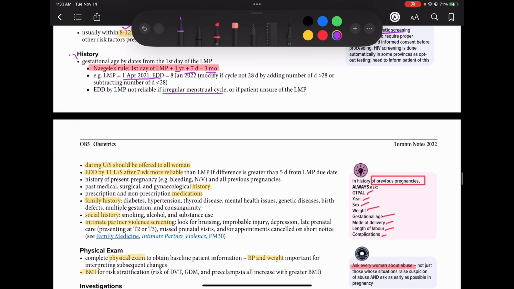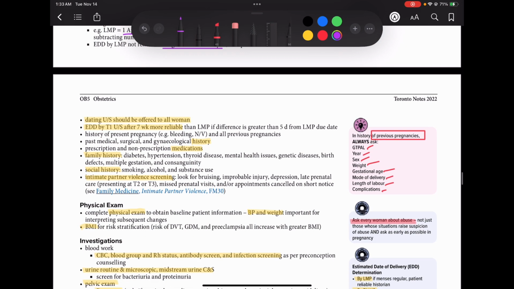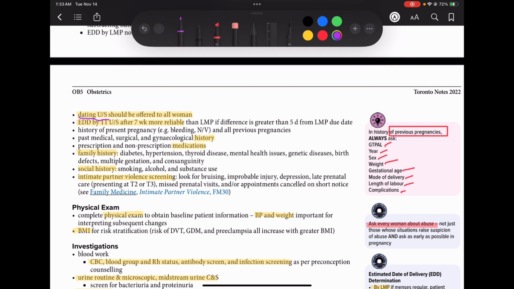With that, in the initial prenatal visit, we also go for a dating ultrasound. It should also be offered to all women. The estimated date of delivery by first trimester ultrasound after 7 weeks is more reliable than the one we calculate with the formula. So with that T1 ultrasound, we can also look for estimated date of delivery.